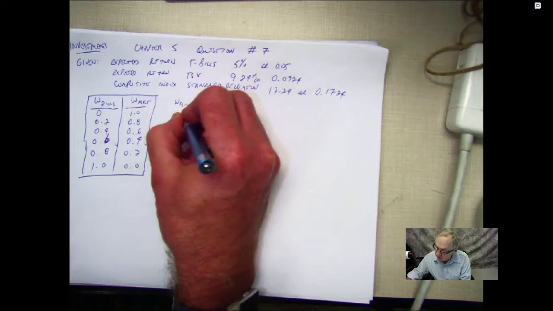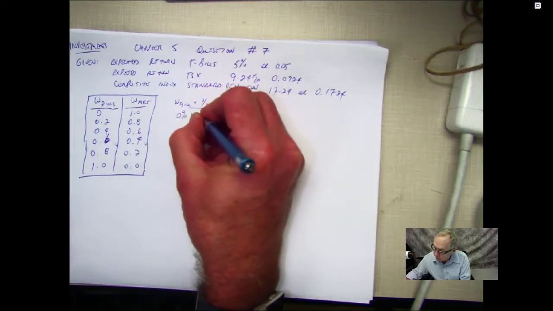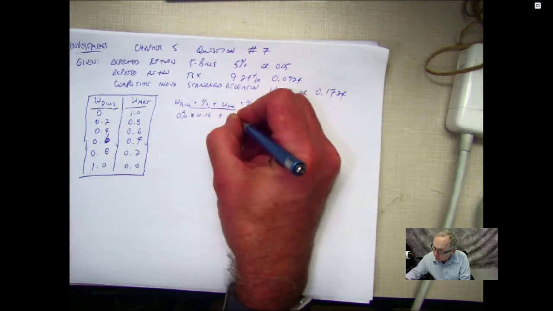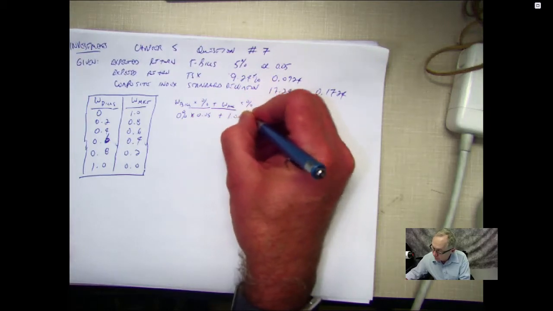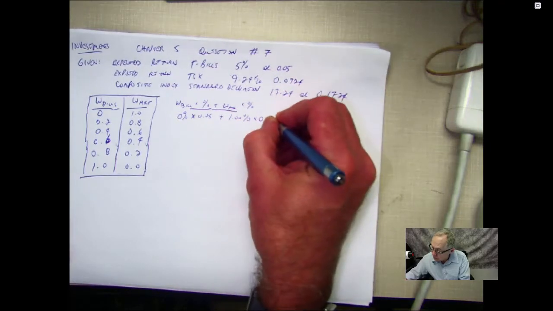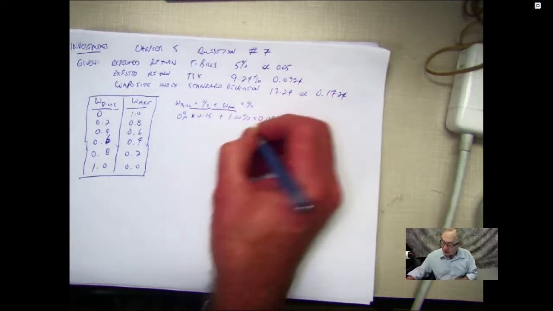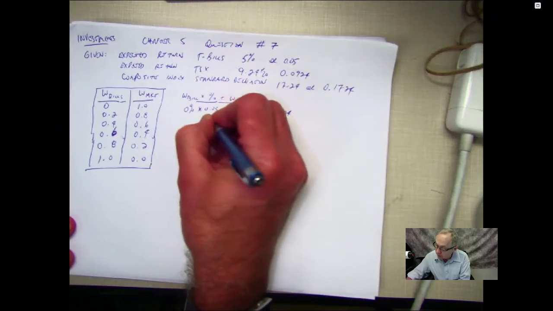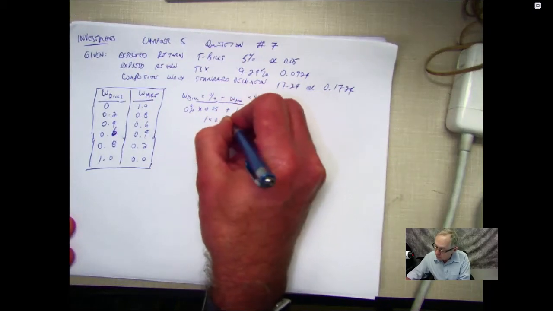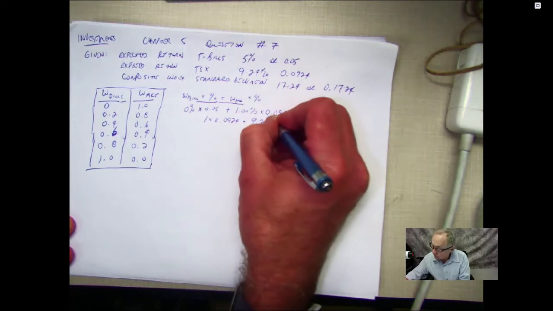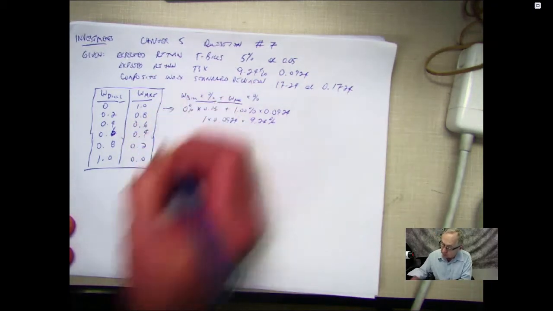So 0% times 0.05 plus 100% times 0.0924. That's easy enough. That simplifies to 1 times 0.0924, or 9.24% for our first scenario.